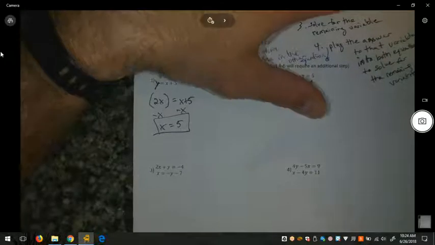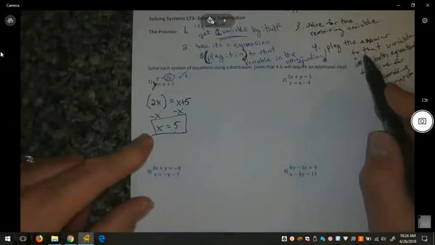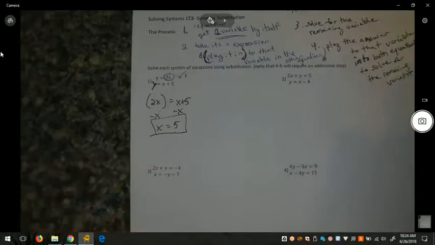So in this case, we found x first. We're trying to find y. Plug the answer to that variable into both equations to solve for the remaining variable.